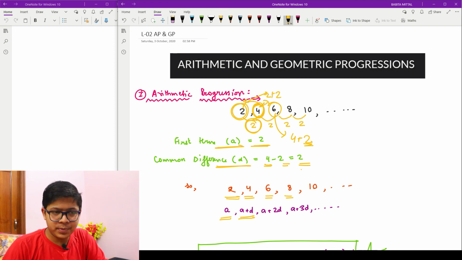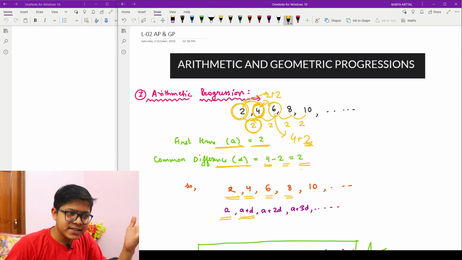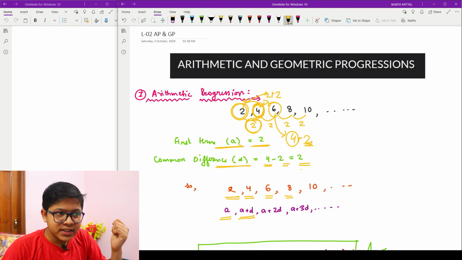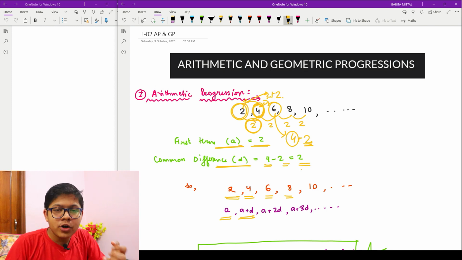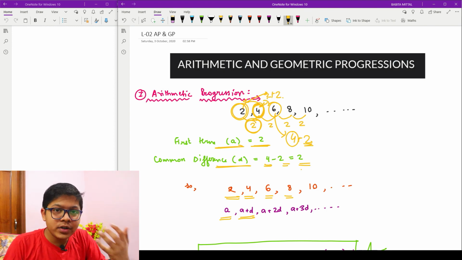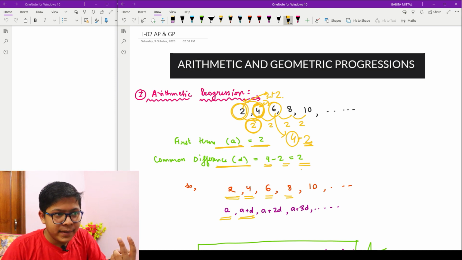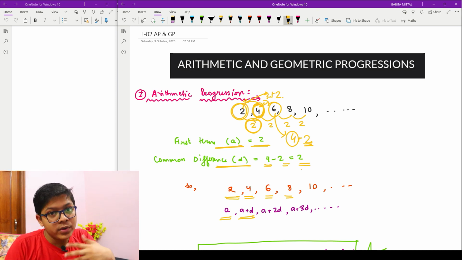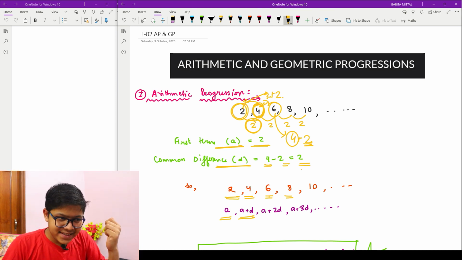Now I can clearly say that my 4 was nothing but 2 plus 2. So my common difference is counted twice for 6 and my first term is always counted once. So my 6 is represented as a plus 2 into d. 8 is a plus 3 into d.